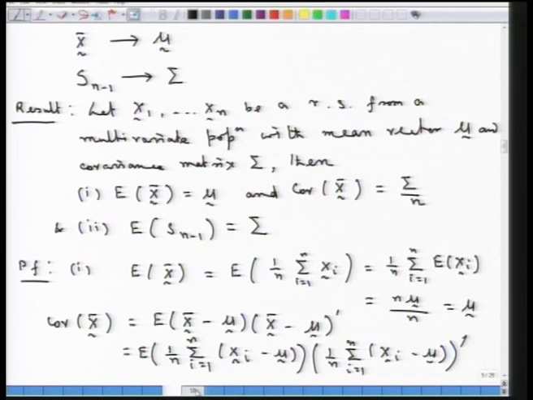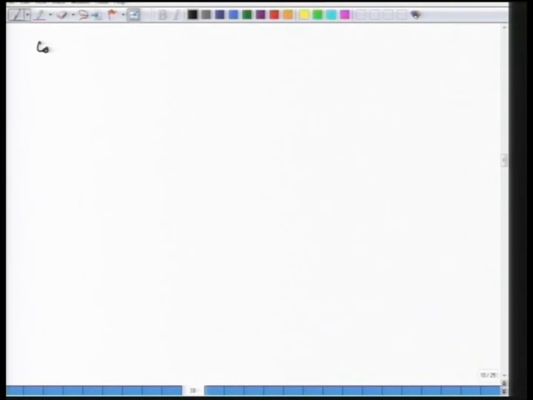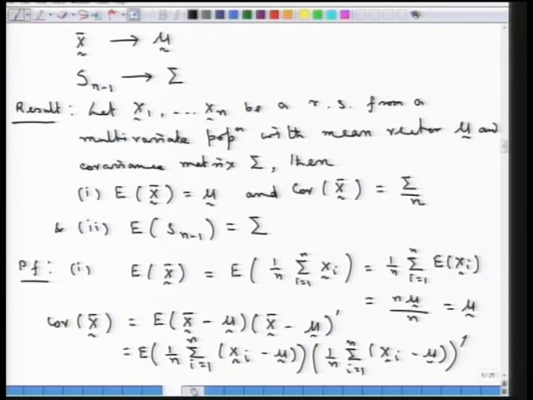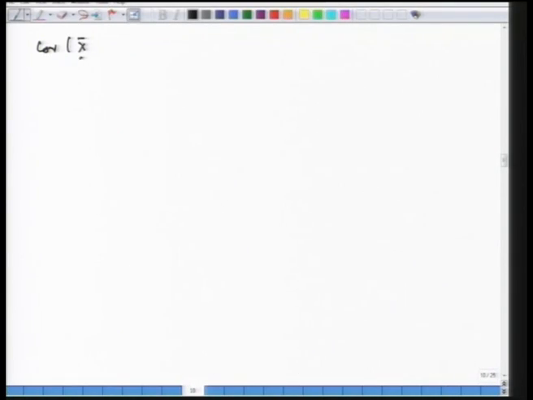Now, what is this quantity equal to? Let us just split this, or rather write it term by term. So, the covariance matrix of this x bar vector is going to be given by expectation. Now, what is the first element? The first element is 1 upon n, as we had seen it is a summation of those components. So, this is x1 minus mu plus, up to the last term, the nth random sample vector xn minus mu.